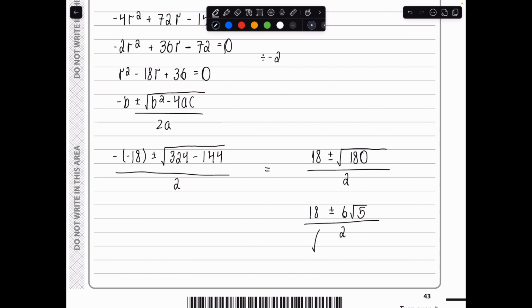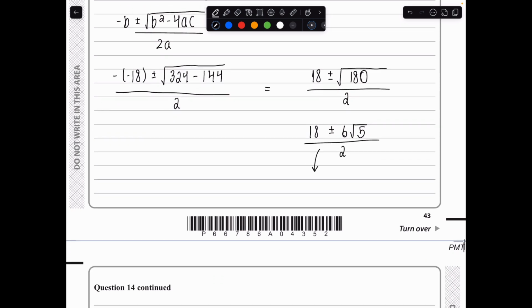Now here we can simplify this one more time. 18 and 6 are even, so 18 divided by 2 is 9, plus or minus 6 root 5 divided by 2 is 3 root 5. So what are the two possible values for r as fully simplified surds? It is 9 plus 3 root 5 as r, or r is equal to 9 minus 3 root 5. And that would be our final answer for part B.